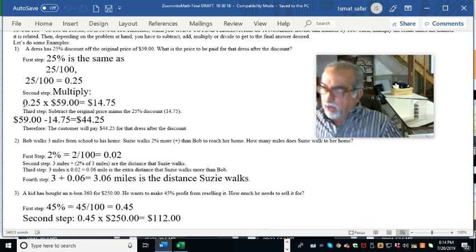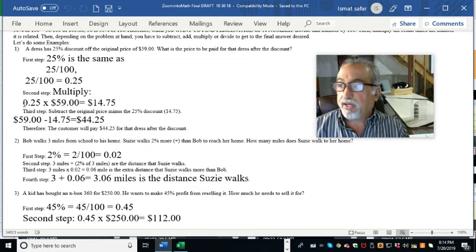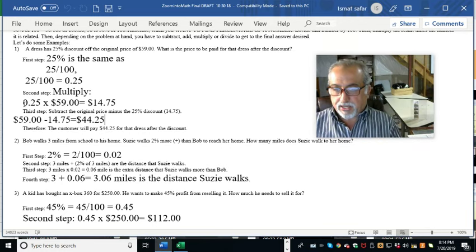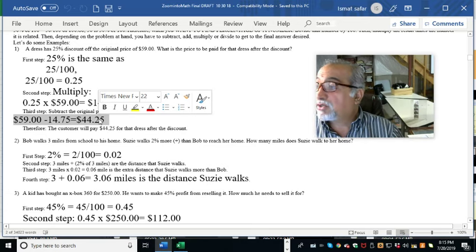You take that $14.75 out of the original price of $59. It's a discount, which means you have to subtract it from the original price. So the answer is $59 minus $14.75 equals $44.25, what you pay for that dress.